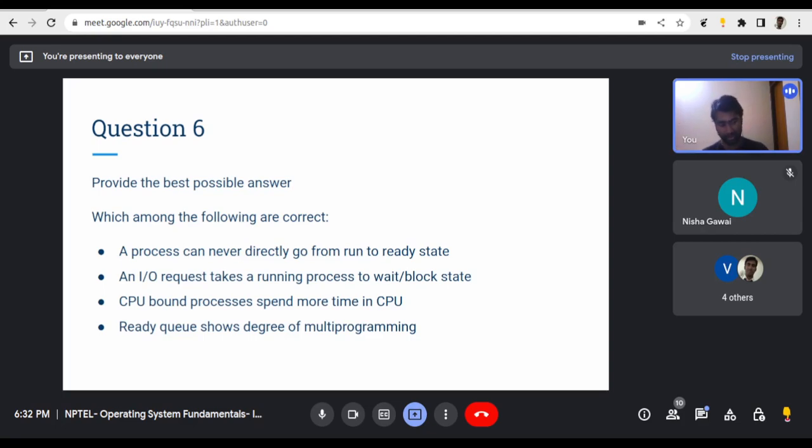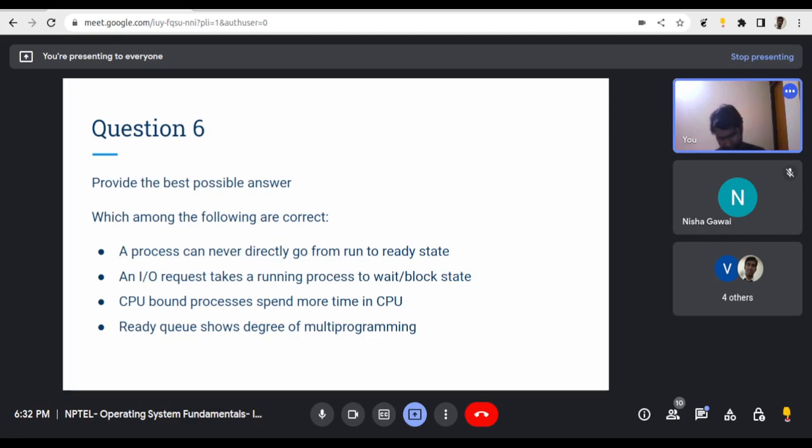Then it will be picked up again at some time, depending on various factors which we will study in the coming lectures, that is, how a process can be picked from the ready state to the running state. There are various algorithms for that. You will study about those in the coming lectures. It is very interesting, those algorithms. There are many numericals related to those algorithms.